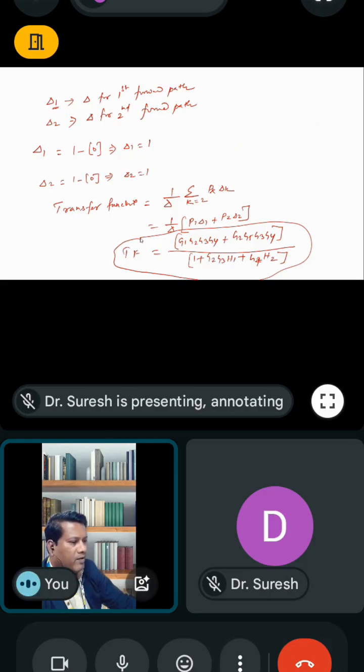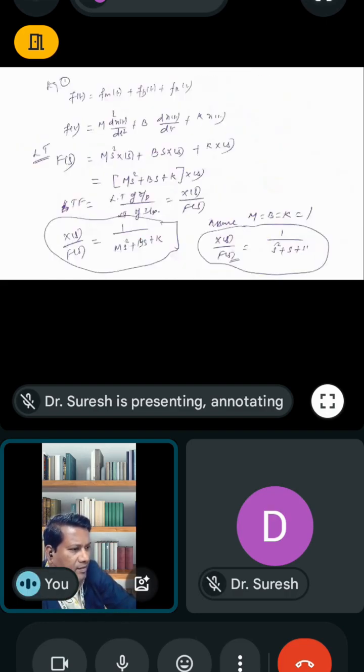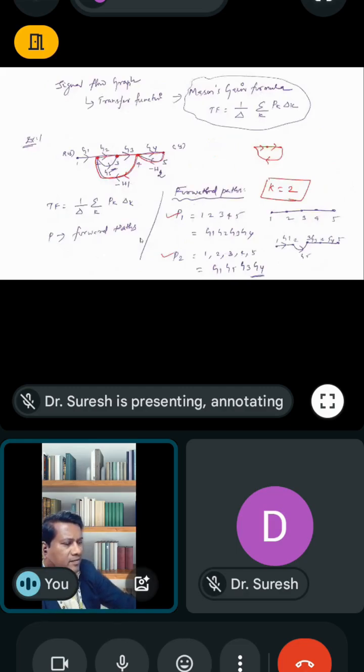So I hope everyone is clear how to find the transfer function of the system when the graphical representation of the system is given. Using a signal flow graph and applying Mason's gain formula, we can find the overall transfer function of the system. So I'll summarize the procedure once again.